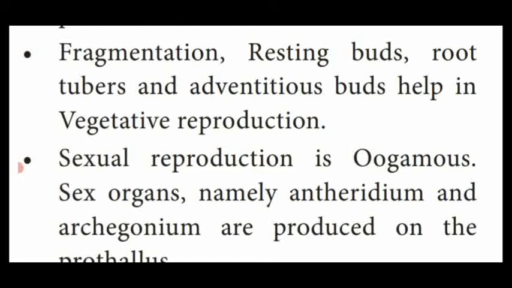These fragments develop into a new individual. Another one, resting buds. The cell contents in the plant body are modified into oval-shaped structures. These oval-shaped structures take rest for some period. After that, they develop into a new individual. That is said to be resting buds.